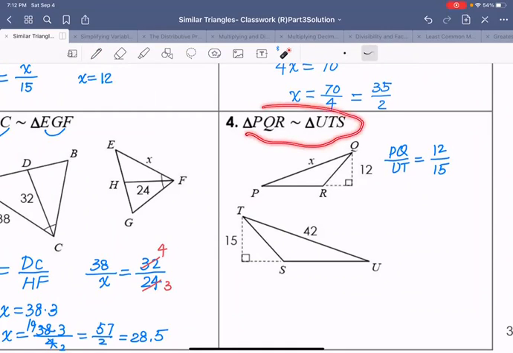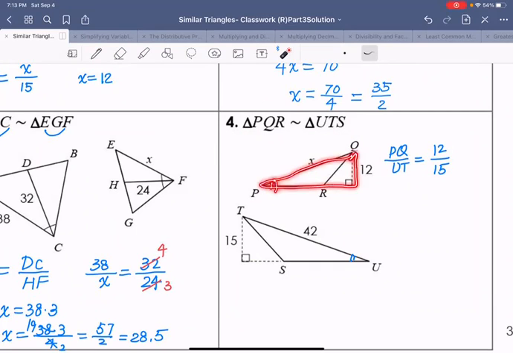You were given these two triangles to be similar, correct? So if they are similar, that means your corresponding angles are equal, correct? So this angle P is going to equal this angle U. Make sense? And then let's see. You can look at this triangle.